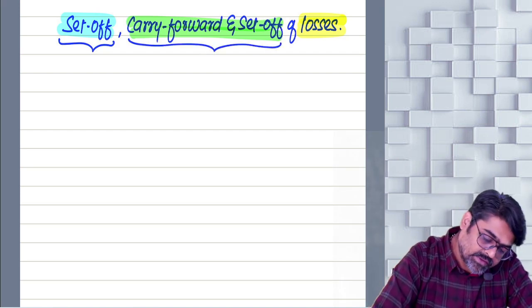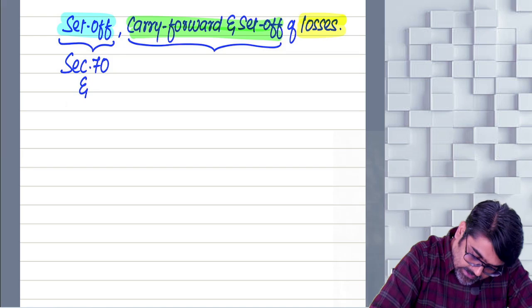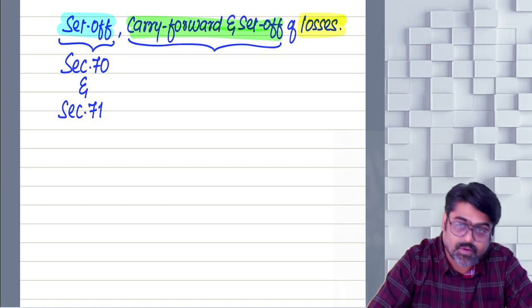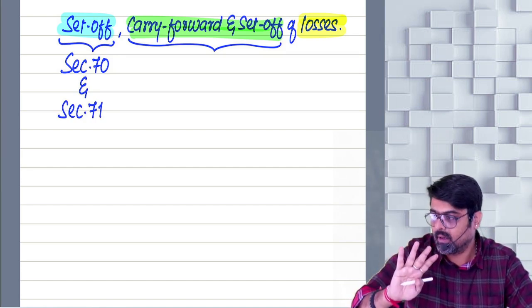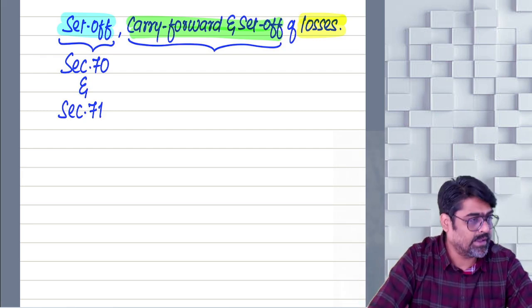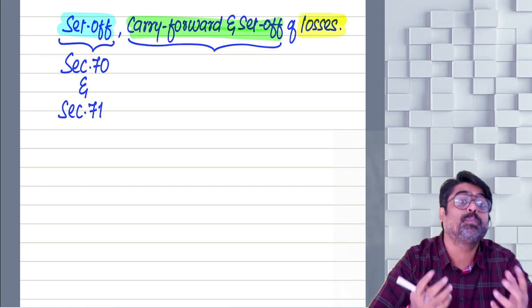Now set off provisions are given in section 70 and section 71. And carry forward, if these two provisions fail, meaning your loss is not set off during the current year, then the carry forward provisions come into picture.